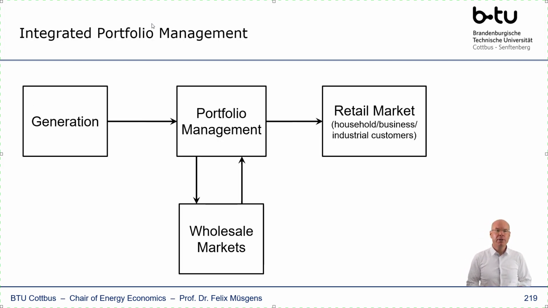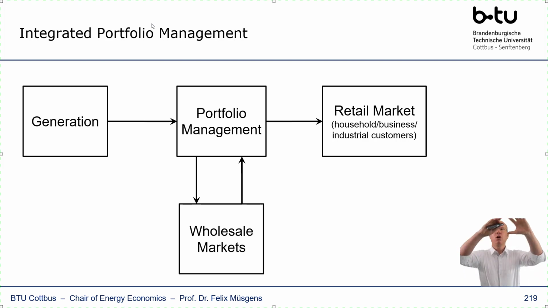So what we will do here, you see on this slide, we will bring together what we said so far. By now we can complete the whole picture. We have discussed generation, portfolio management and wholesale markets. We have also discussed wholesale markets alone, and we have discussed retail market, portfolio management and wholesale market.